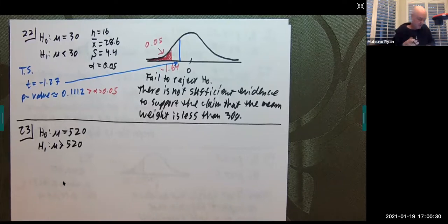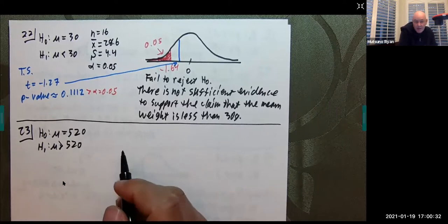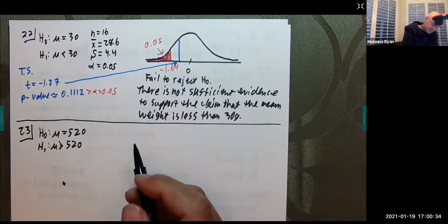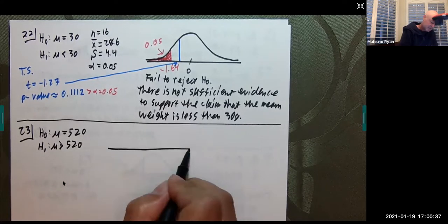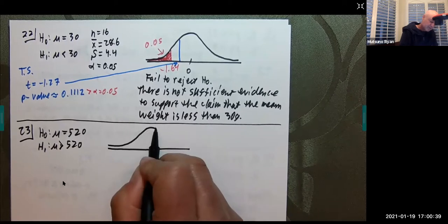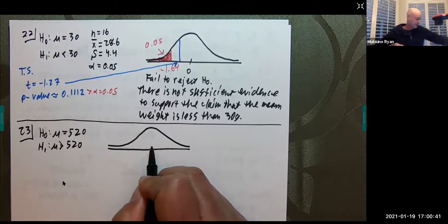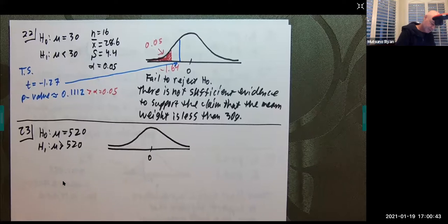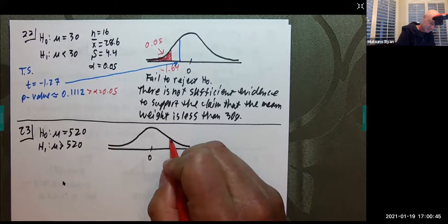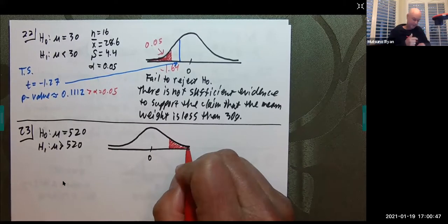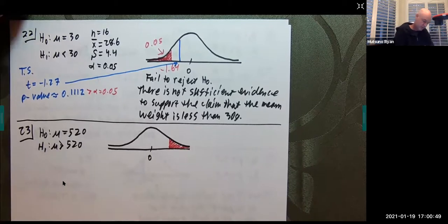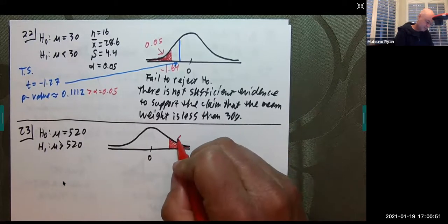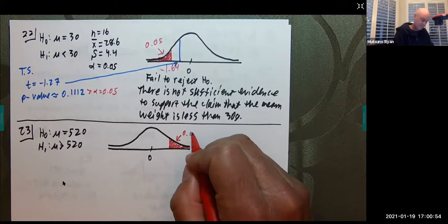And let's set this up. Alpha is 0.05 in this case. And it is a right tail test. So here's our critical region. In this area here is 0.05.